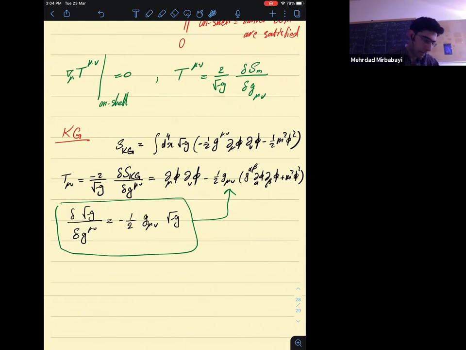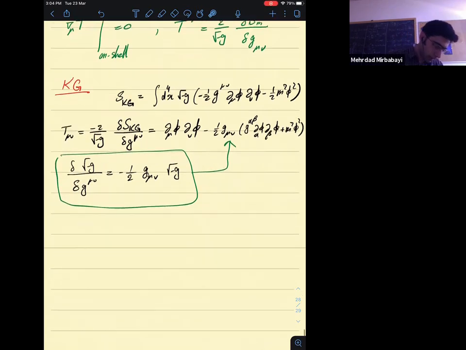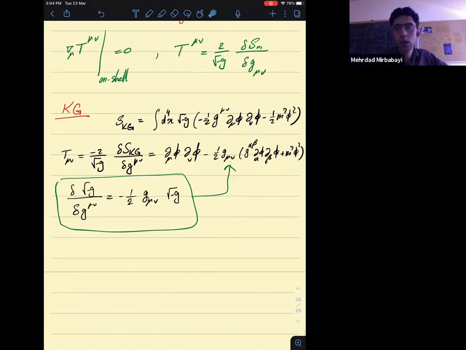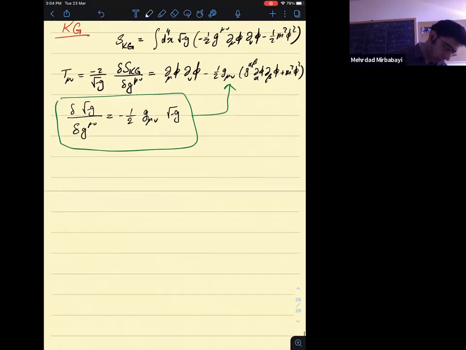All right, but of course, this is just a tool to find the T mu nu and then setting g mu nu to eta mu nu, then this conserved energy momentum tensor is useful for finding a conserved energy, right?